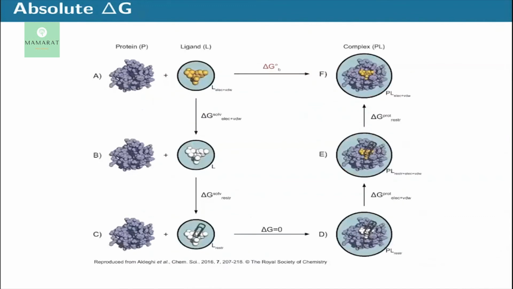The protocol here can be visualized also as this thermodynamic cycle. We want to disappear the ligand, so decouple it from solvent on the left side, apply the restraints, and recouple it when it's bound to the protein, and also remove the restraints. So the cycle is slightly more complex than those cycles that I was showing before.